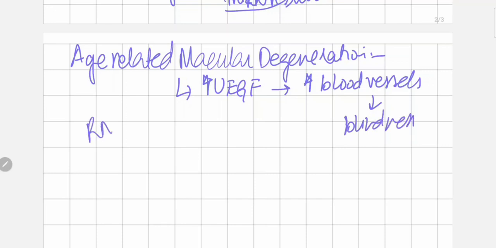So we can use RNA interference to decrease this VEGF, and blood vessels will decrease, and it will prevent blindness. But it's still in clinical trials, as the book suggests, and it has not yet been made for medical use.